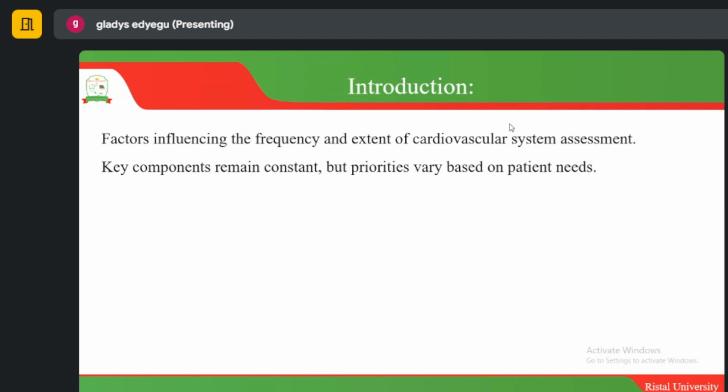When the patient's response is leading you to the cardiovascular system, you have to concentrate more on it so that you can get clear information and data that can help you get the right diagnosis and help in the management of your patient.